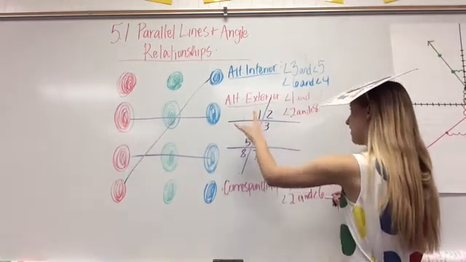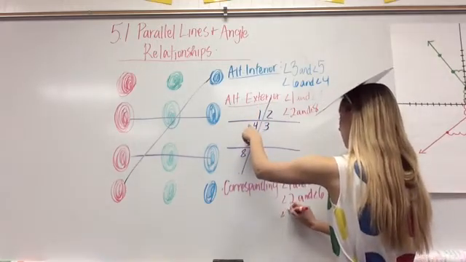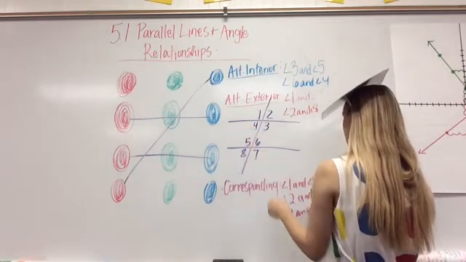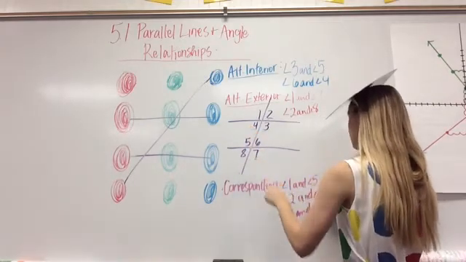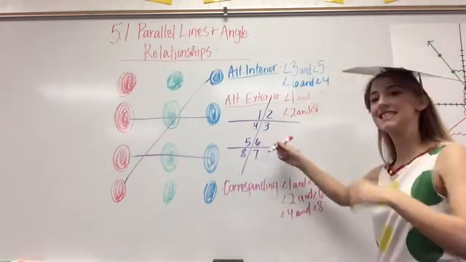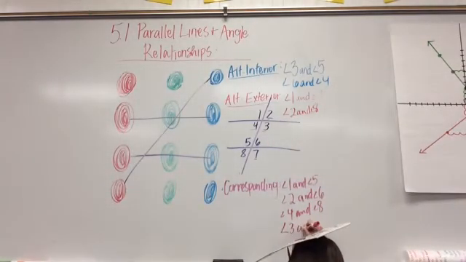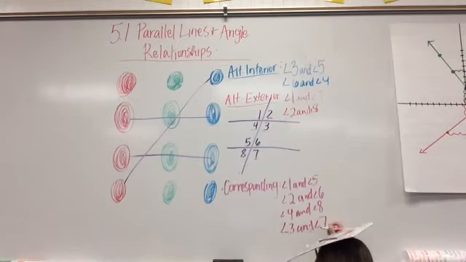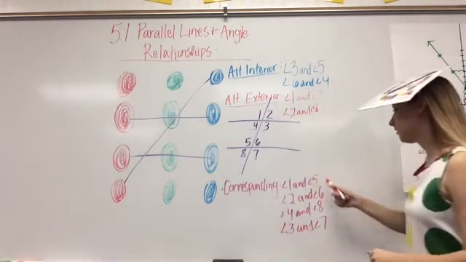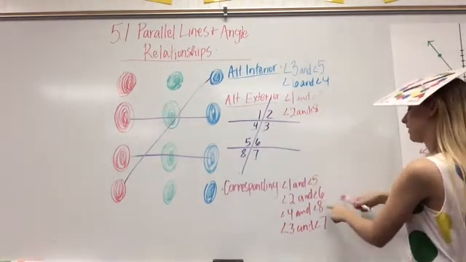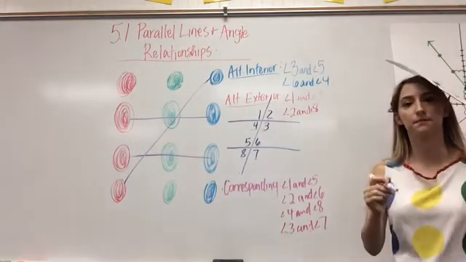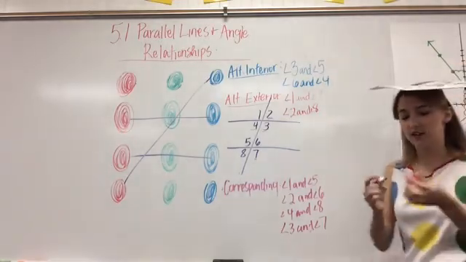And then we have, jump down, angle 4 and angle 8. And last but not least, let's not forget angle 3 and angle 7. Okay, so this pair is congruent, this pair is congruent, this pair is congruent, and so is that one. Make sure you have that in your composition book.